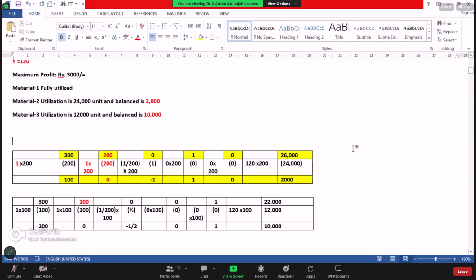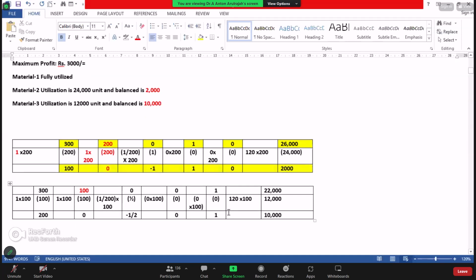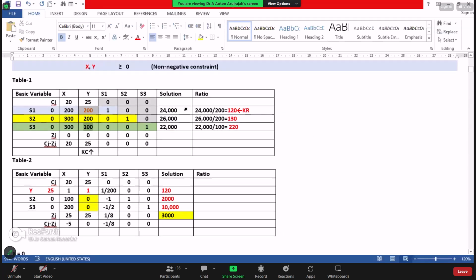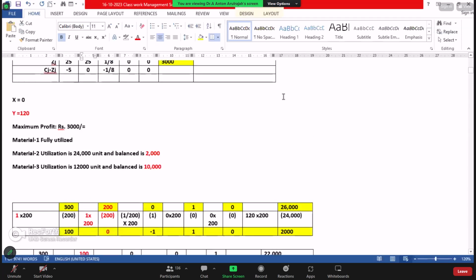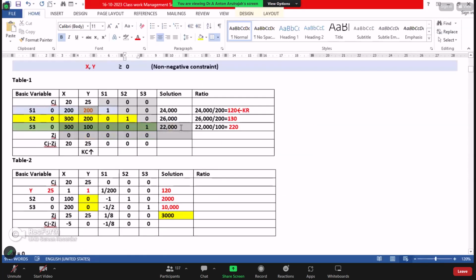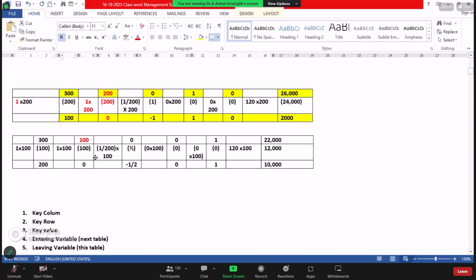In a similar way, we have to do the same again: 300, 100, 0, 0, 1, 22,000. This is the table, 300, 100, 0, 0, 1, 22,000. After that, the same treatment I am doing.